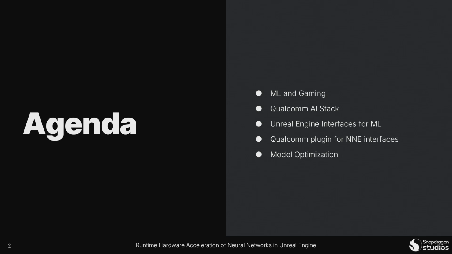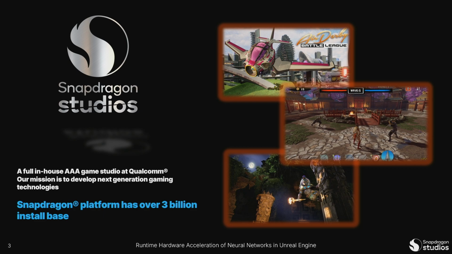Finally, we're going to go through model optimization techniques, which is an important chapter when you are considering running AI models on mobile devices. At the end, I will give you some takeaways and some other resources if you want to continue studying this subject.